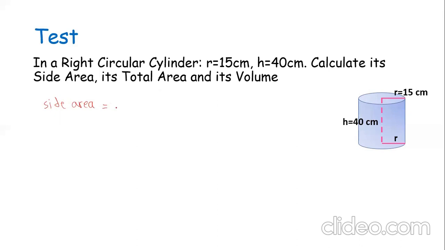So it's the circumference of the base multiplied by the height h, which is equal to 2πr multiplied by h, that is 2π, r equals 15 and h equals 40.